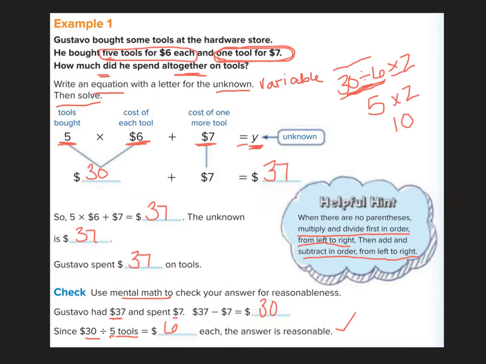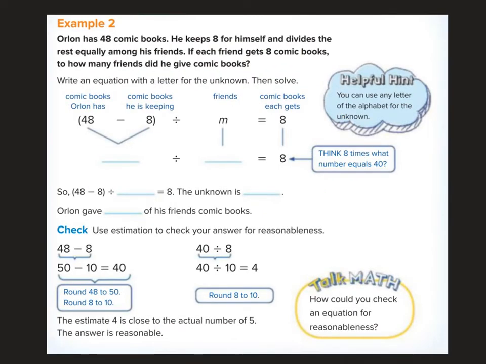So let's do some more problems. Orlan had 48 comic books. He keeps 8 for himself and divides the rest equally among his friends. If each friend gets 8 comic books, to how many friends did he give comic books? So first we need to start with how many he started with.